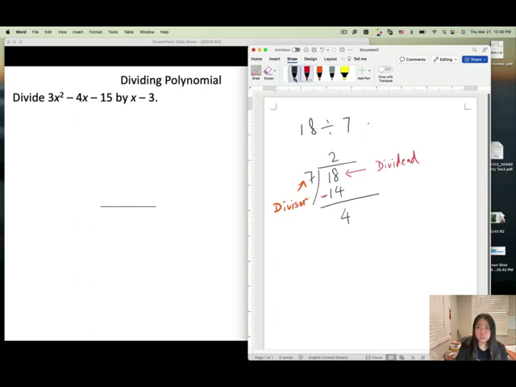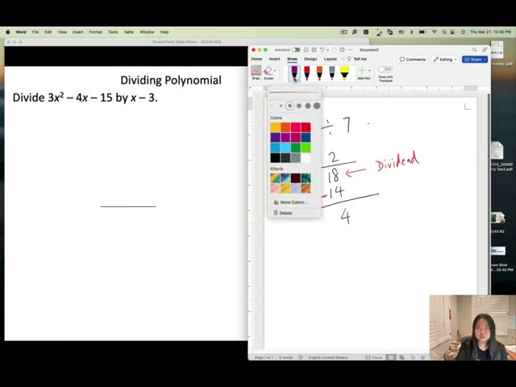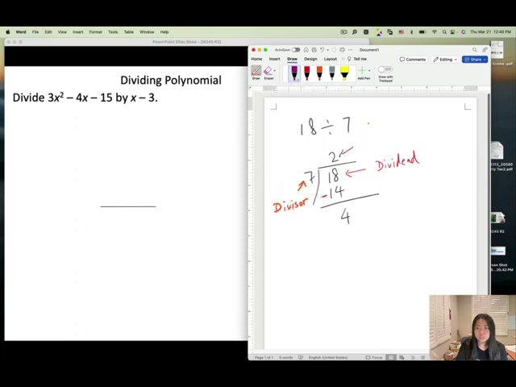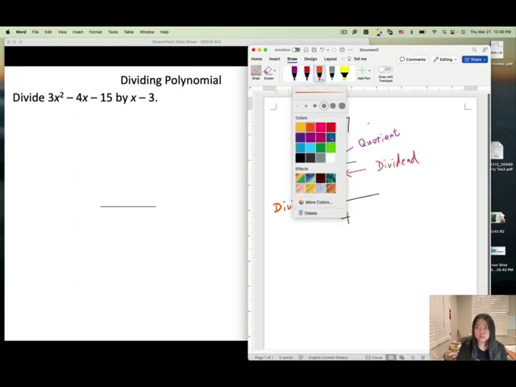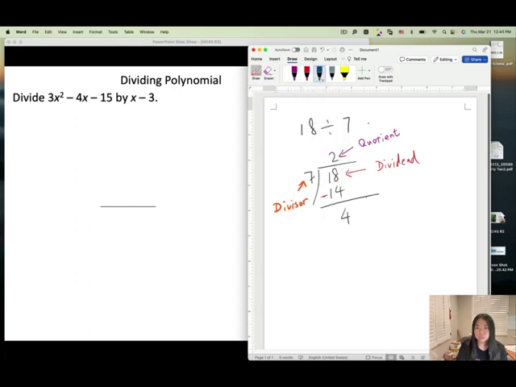Okay, and then the 2 here, we call this your quotient. And then the last one, we call this your remainder.